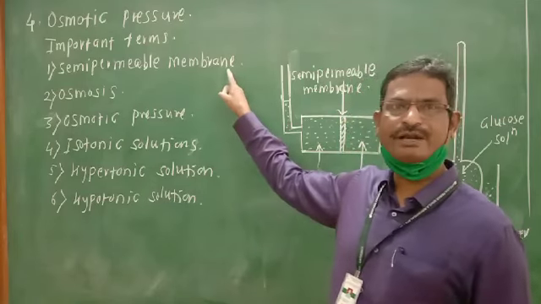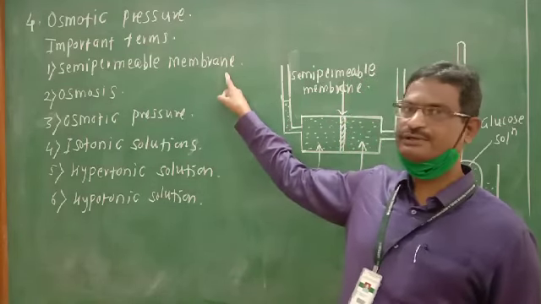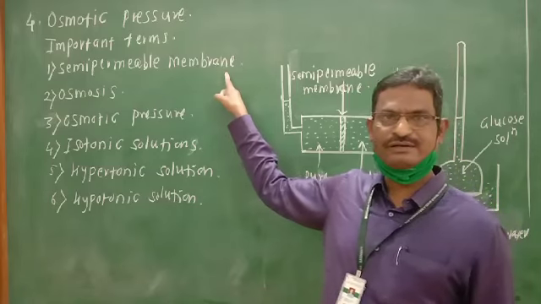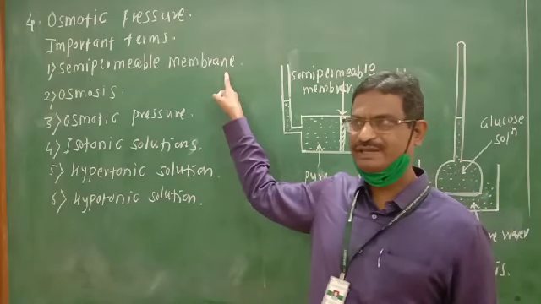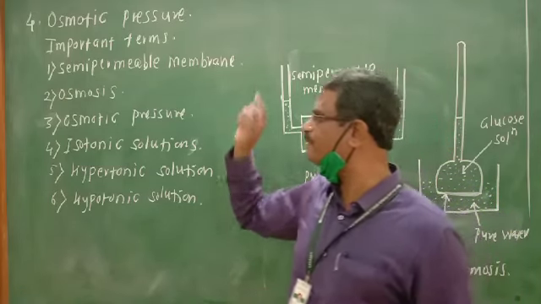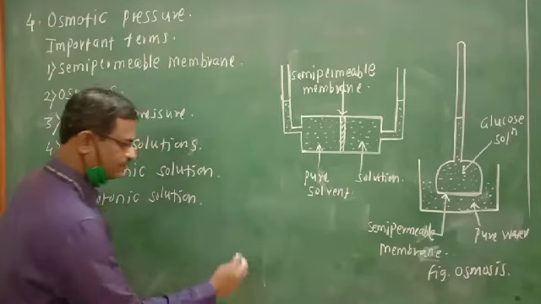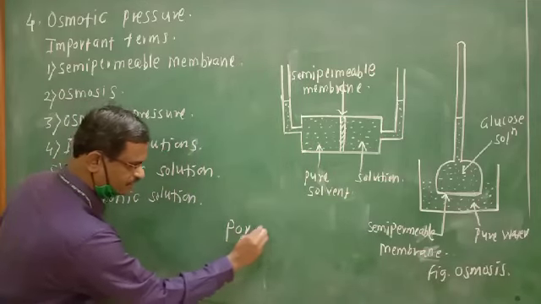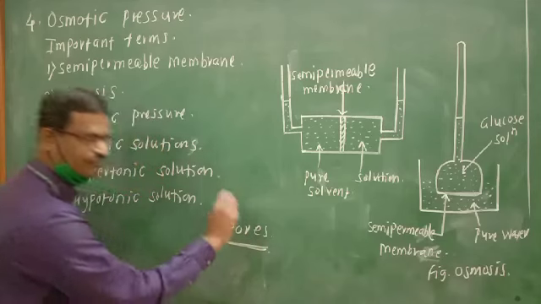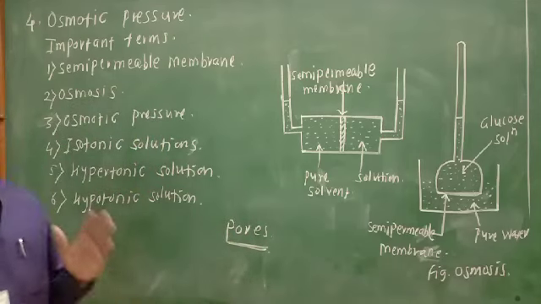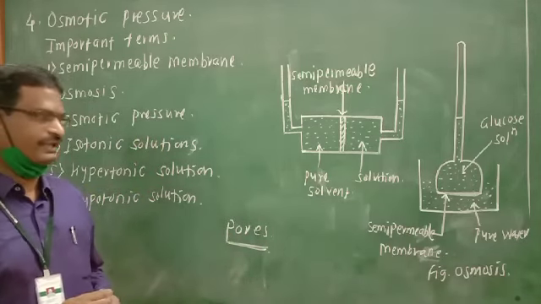Why does a semi-permeable membrane allow the passage of only solvent but not solute? It is because the semi-permeable membrane has certain pores. Holes are there.